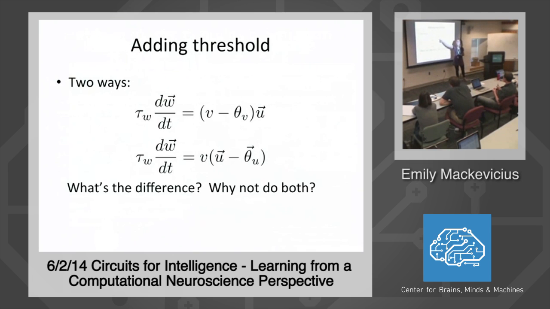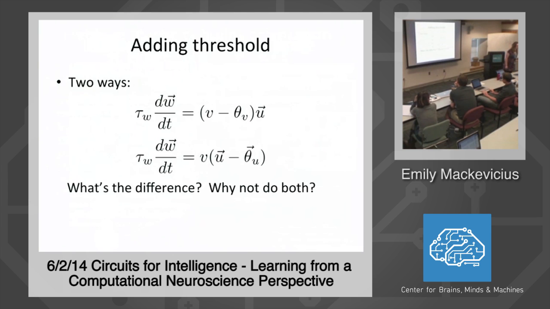Yeah, a constant term that doesn't depend on either the inputs or the outputs. That's true. What I had been thinking is that if they're both low, then you get a potentiation.